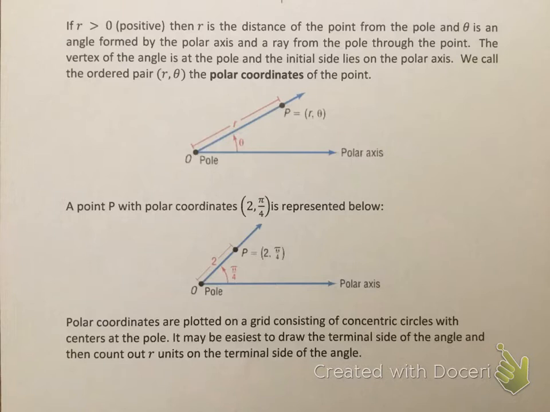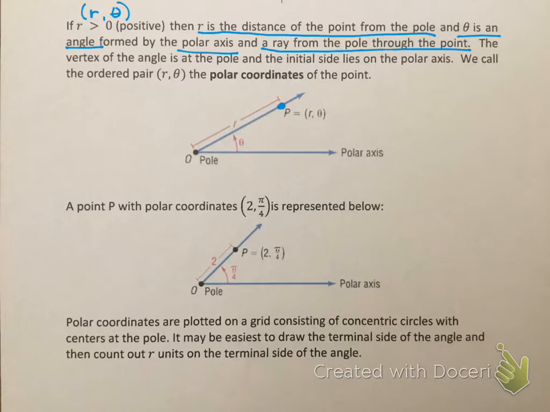If you have a polar coordinate, r, theta, and r is positive, that means that r is the distance from the pole. Theta is always an angle that's formed by the polar axis, so the positive x-axis, and another ray that goes from the pole through the point.